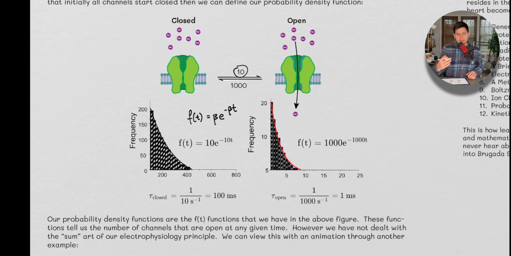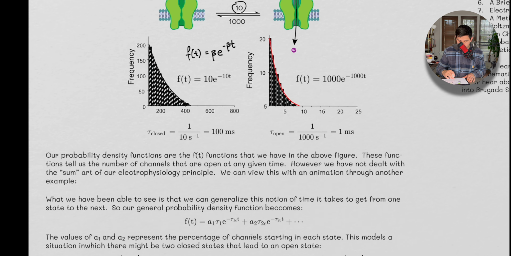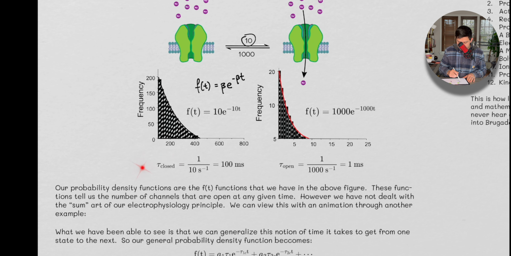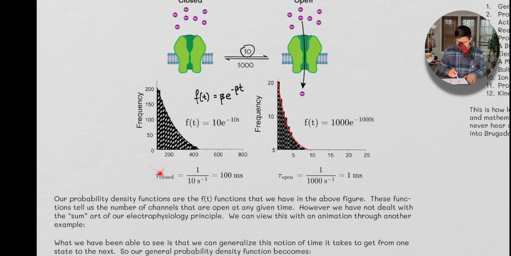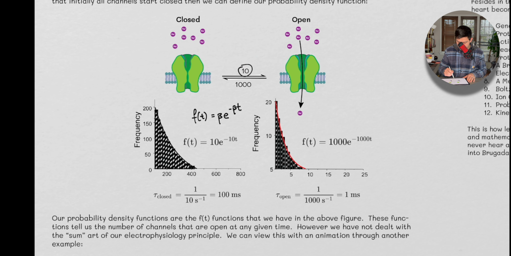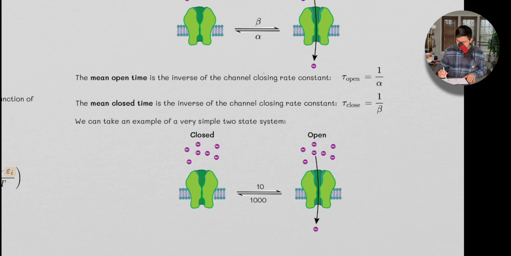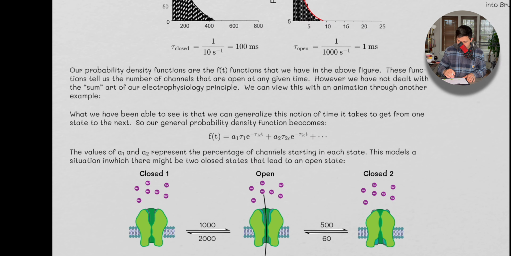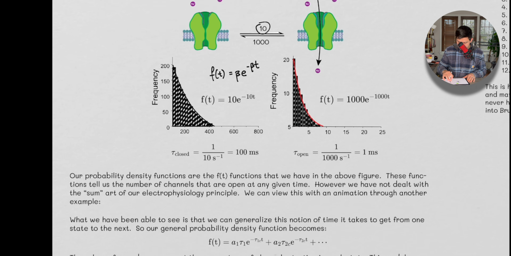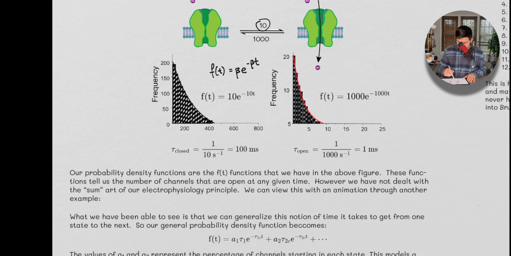All right, so we're getting closer to understanding mathematically how we can understand these channels. The time it takes, again, we said was inversely related to these constants. So we had these equations over here, right? If t closed is equal to 1 over beta, and this is beta, well, that is going to be 1 over 10.